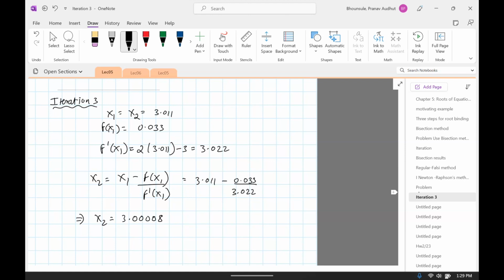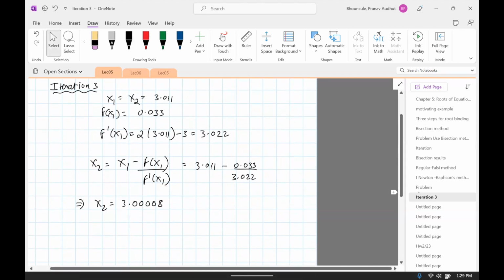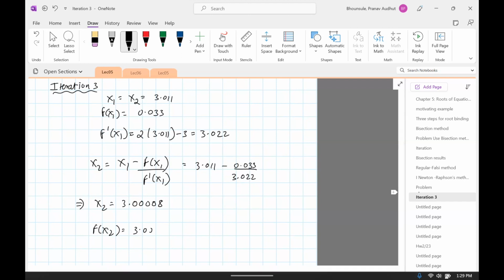Oh, it's almost 3. F of x2 will be 3.00008 squared minus 3 times 3.00008, which is 0.0002, less than 1e negative 3. And so we know that we have found the root.